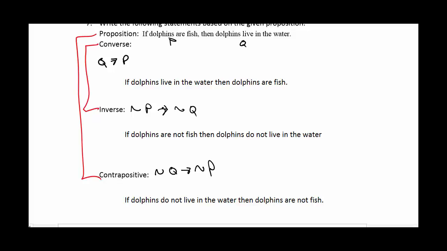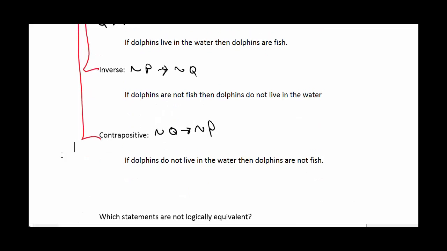So if the preposition is in fact a true statement, then the contrapositive is in fact true, and vice versa. So if the preposition is false, then the contrapositive is false. So what's not logically equivalent? The converse is not logically equivalent to the preposition and the contrapositive. Let's see, the inverse is not logically equivalent to the preposition and the contrapositive, and the contrapositive is not logically equivalent to the converse and the inverse. So something like that. Just spell that out for me, which ones are linked together.